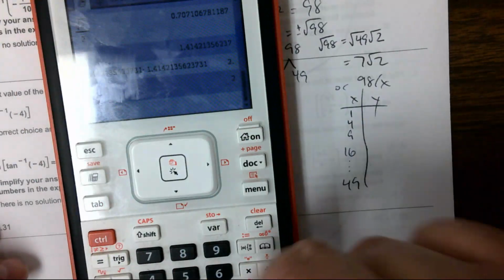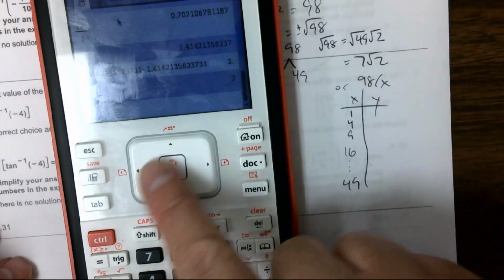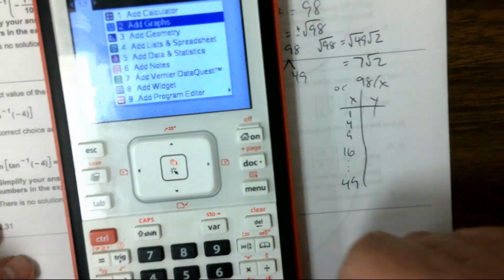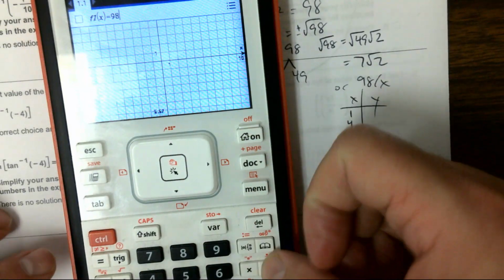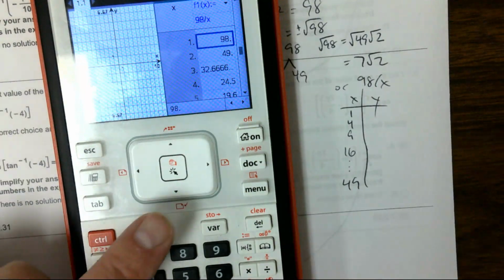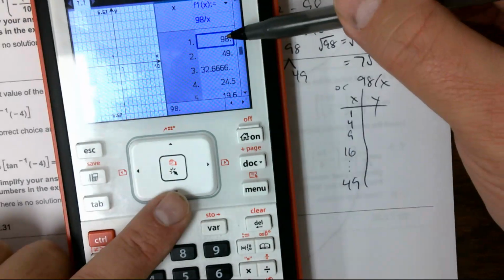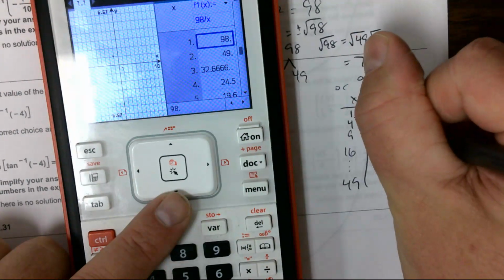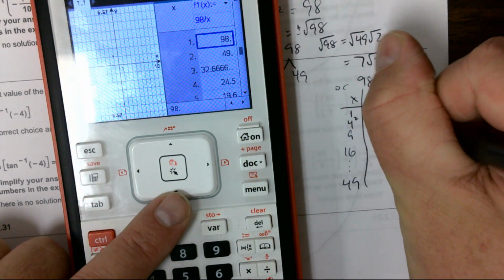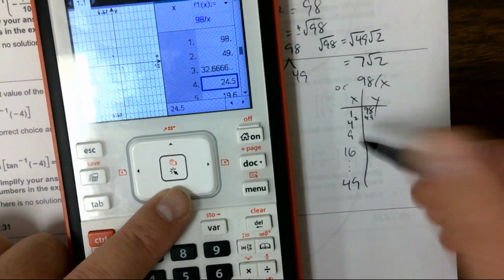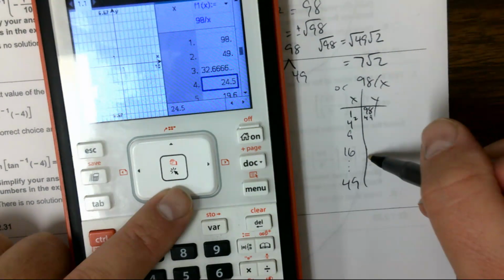So, excuse me. If we have 98 divided by x, and we go in our table, it's like 1 times 98, it's like 2 times 49, which is kind of convenient. We don't really have to do the 4 or any of these others.